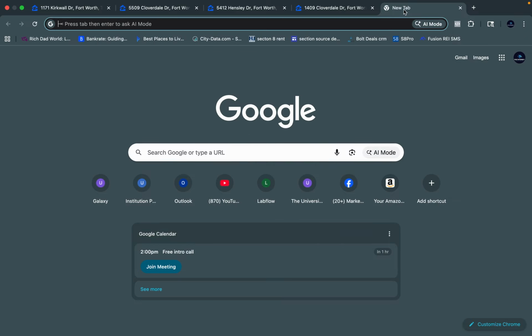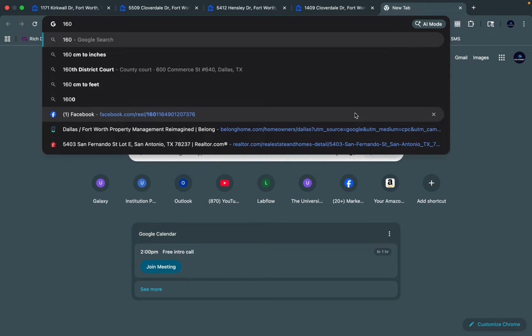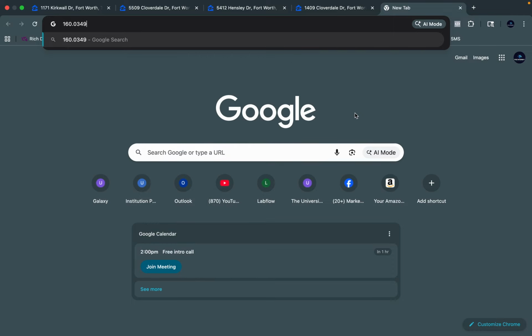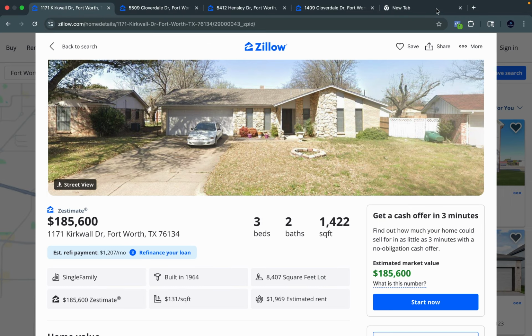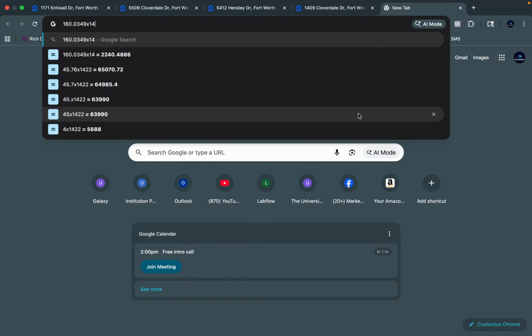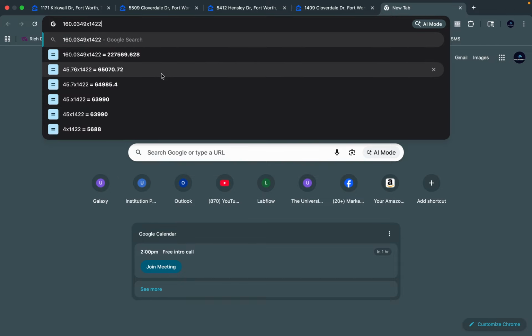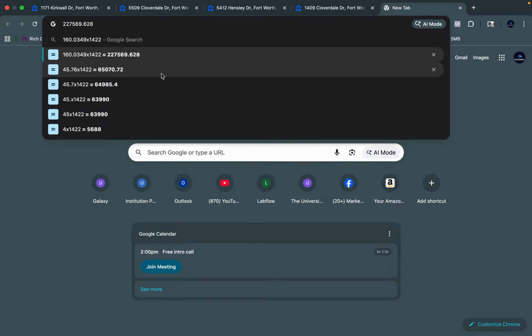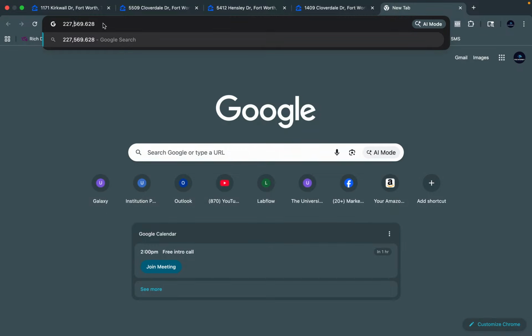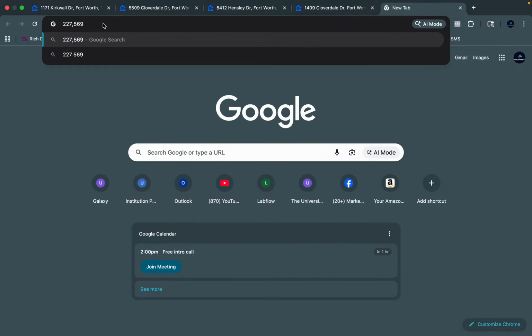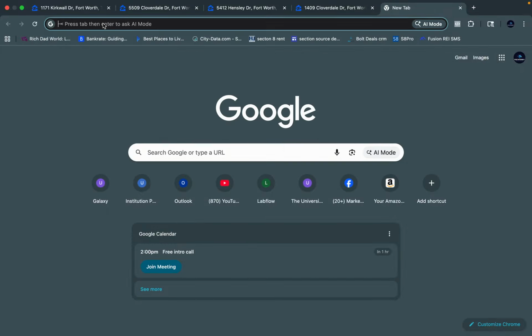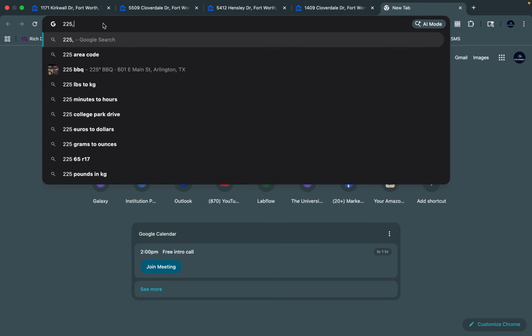This is just an example, but realistically speaking, if we multiply the average price per square foot by the property square foot, we'll end up getting the home being worth 227,000. In this case, I typically like to go a little bit lower to be more conservative, so I want to say maybe 225,000.